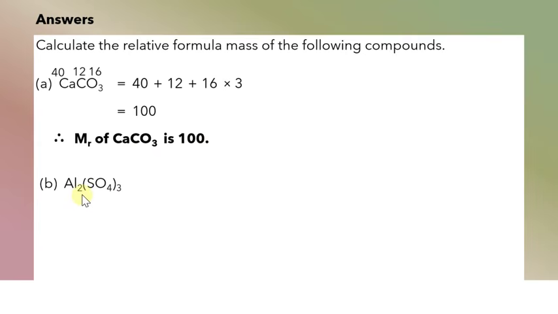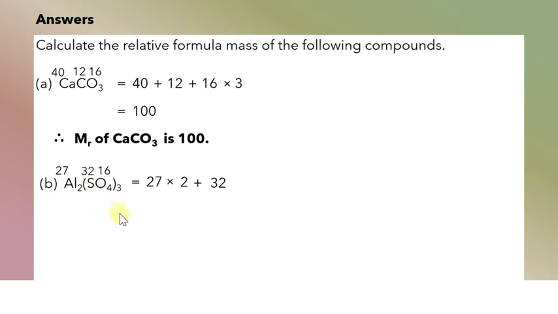Then we got to B. B, we had aluminium sulfate like that. So aluminium, when you go on the periodic table, its relative atomic mass is 27. Sulfur is 32. Oxygen is 16. To find the relative formula mass, we'll say 27. Now it has a 2 here, aluminium, so you say times 2. Then we'll go inside here, we will go to 32. Since this S is inside the bracket, this 3 affects sulfur also.